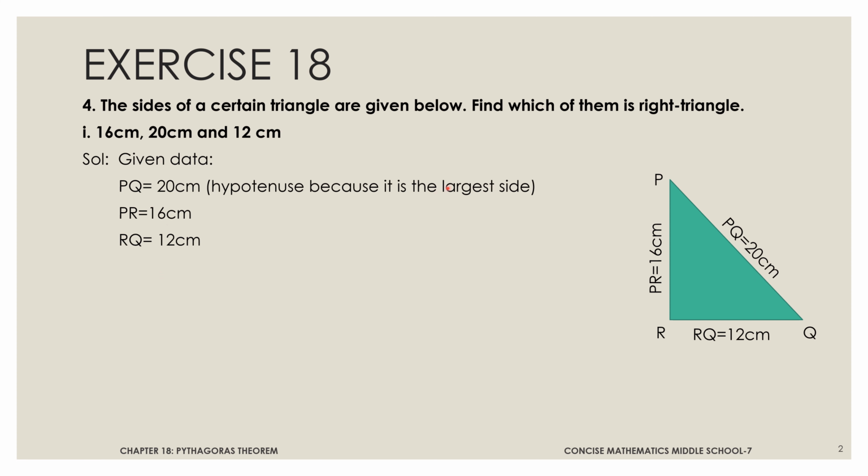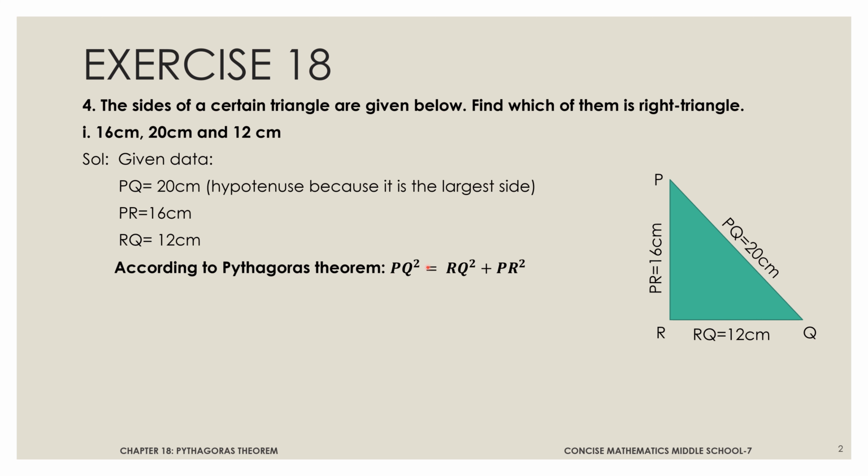And now we all know how to find a right angle triangle. We have a formula according to the Pythagoras theorem. PQ square, that is hypotenuse square, is equal to the sum of the squares of the other two sides. This is the formula.